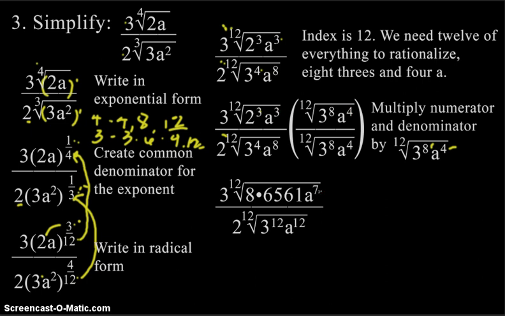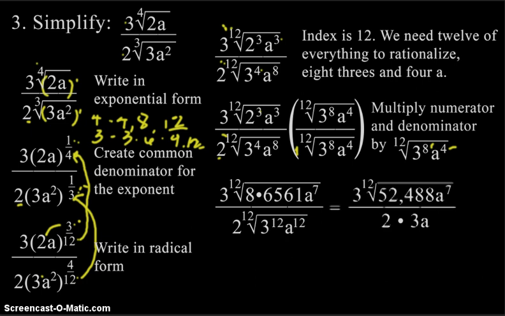So, 3 plus 4 is 7. Okay, dito naman sa denominator. So, 2 times 1 is 2. 3 raised to 4 times 3 raised to 8. So, wag natin i-simplify yan. I-add na natin yung exponent. So, meron tayong 3 raised to 12. Ganon din sa A. 8 plus 4 is 12.